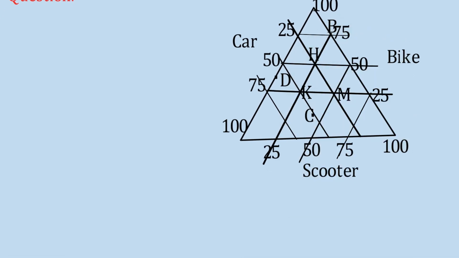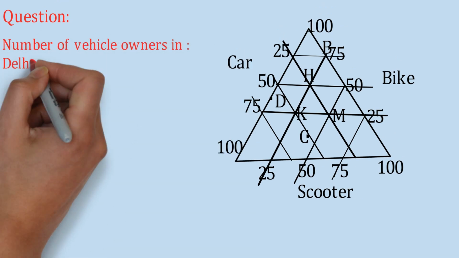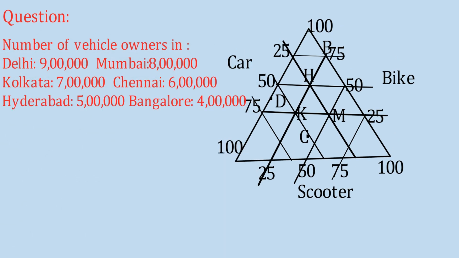The question now we can get: we are given the number of vehicle owners in different cities, and all these initials like D, H, K, C, M represent the cities. D for Delhi, 9 lakh total vehicle owners; M for Mumbai, 8 lakh; K for Kolkata, 7 lakh; C for Chennai, 6 lakh; H for Hyderabad, 5 lakh; B for Bangalore, 4 lakh. So we have all the vehicle owners in different cities.